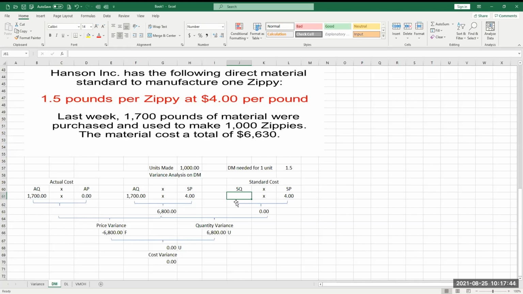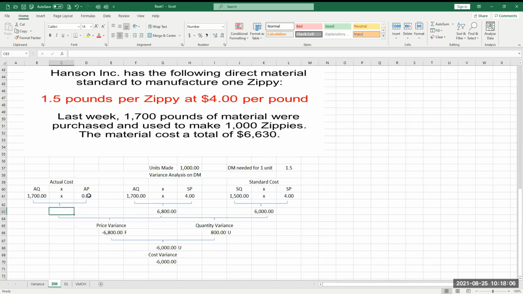Yes. How much will that be? That will be equal to 1,000 units times the standard for one unit. 1,500. Make sense? 1,500. The last sentence: material cost a total of 6,630. So do I know my actual cost?